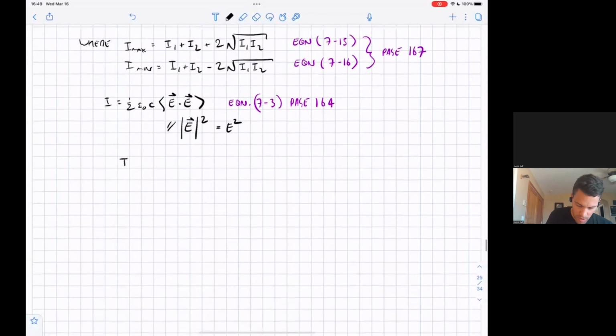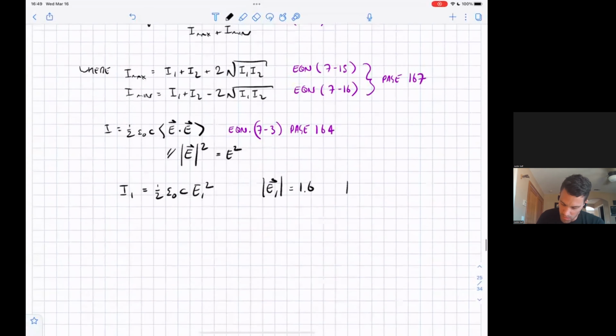I1 is equal to 1/2 epsilon naught times c, the speed of light, times E1 squared. The magnitude of E1 is 1.6, and the magnitude of E2 is 2.8. c is the speed of light in a vacuum, 3 times 10 to the 8 meters per second, and epsilon naught is 8.854 times 10 to the minus 12.